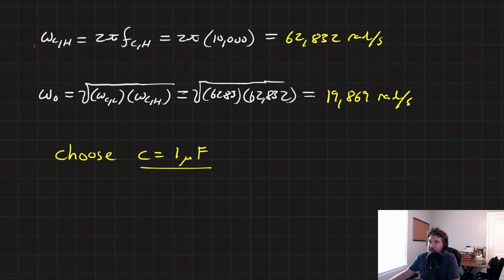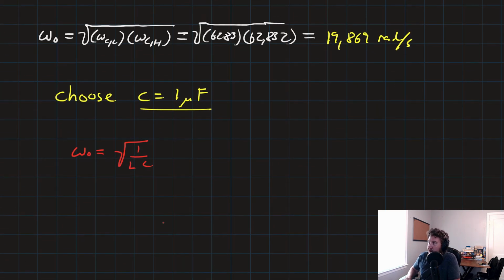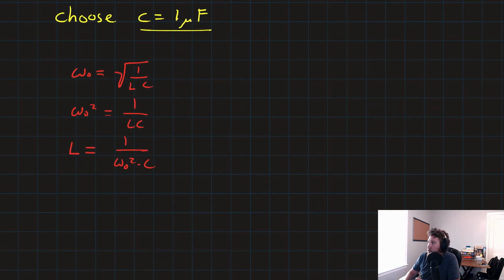Now, let's find L first. If we look at our original equation for center frequency, omega naught is equal to the square root of 1 over LC. So we can do a little bit of algebra and rearranging so that we can solve it for L. Let's first take the square of both sides. Omega naught squared is equal to 1 over LC. And that means that L is just equal to 1 over omega naught squared times C. Let's put some real numbers behind that.